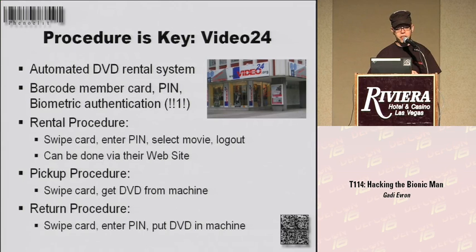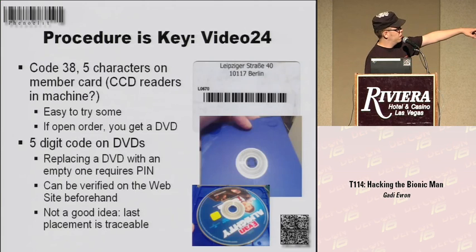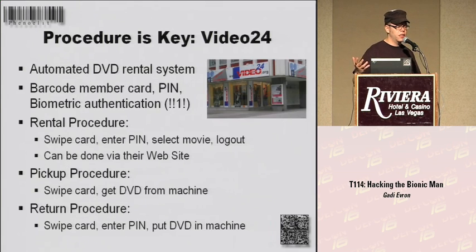So the card that you get actually has a barcode on it. The barcode is highly complicated. It has 4 digits and 1 character. Now, the 1 character is pretty much static. It is the first letter of your last name.